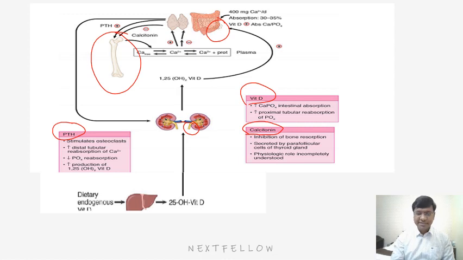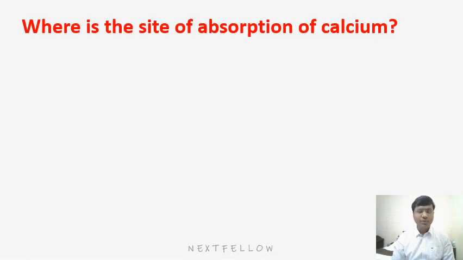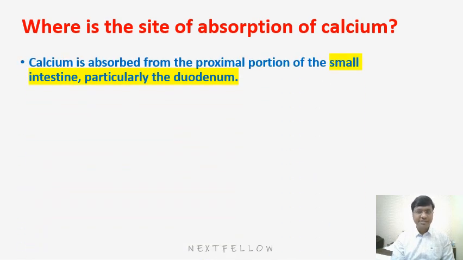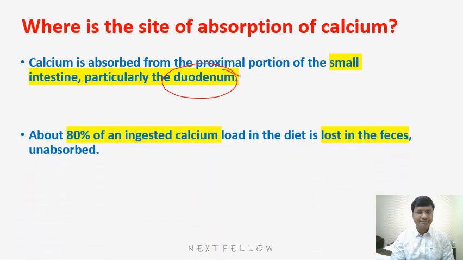Now, what exactly is the site of absorption of calcium within the GIT? Please remember, it is within the small intestine, particularly in the duodenum, where calcium is absorbed with the help of vitamin D. About 80% of the ingested calcium load in the diet is lost in the feces unabsorbed.